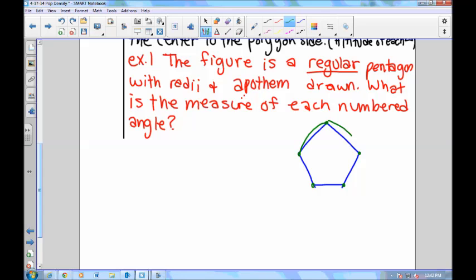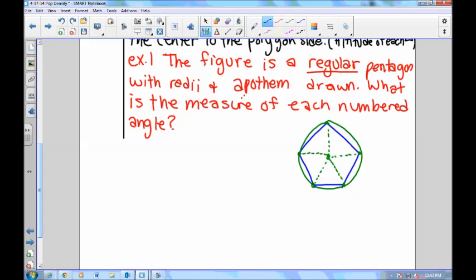Connect them with a circle. Wow, that's a terrible circle. And from the center of the circle extend radii. If it is a pentagon, that means we should have 5 radii, because the circle intersects these vertices 5 times. It also says there's an apothem drawn.